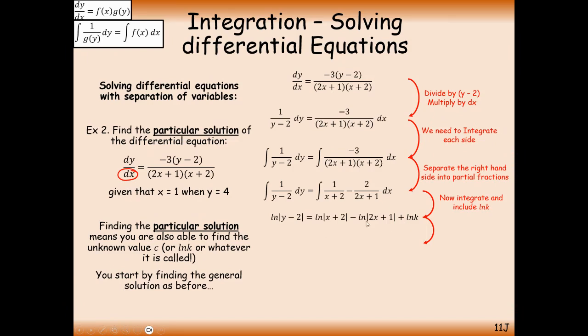Now we can tidy things up with logarithm rules, and I see a negative sign here between these two logs on the right side, so we can divide x plus 2 by 2x plus 1 and write it as 1 log. Now we can drop off the logarithms.